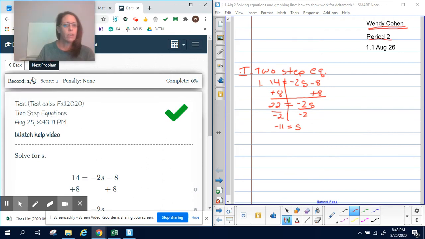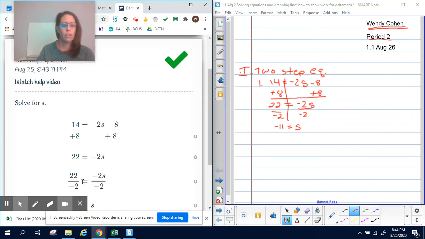This record keeping type thing up here is helpful. You need to get 3 correct in this section to get full credit. Now, if you miss one, remember, copy down the correct way to work it.